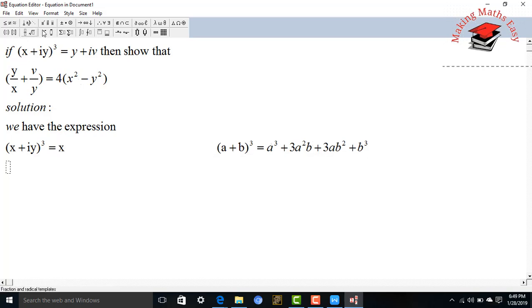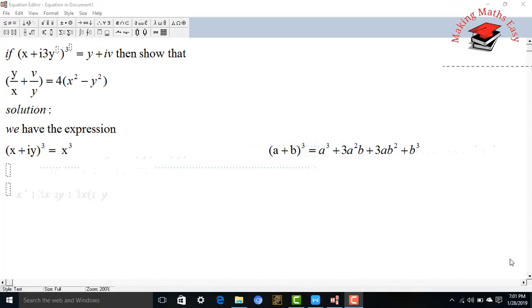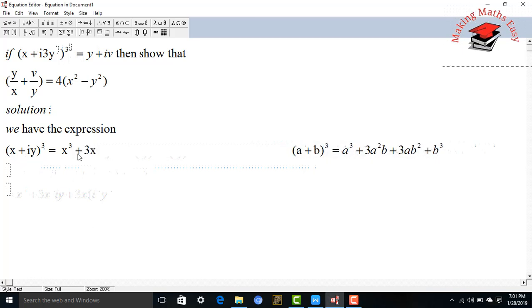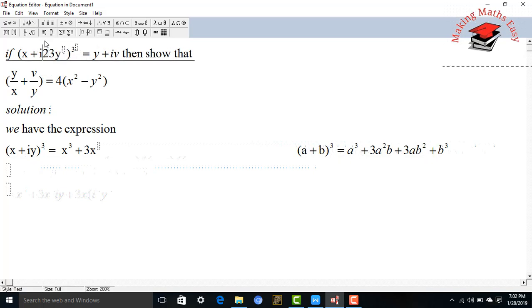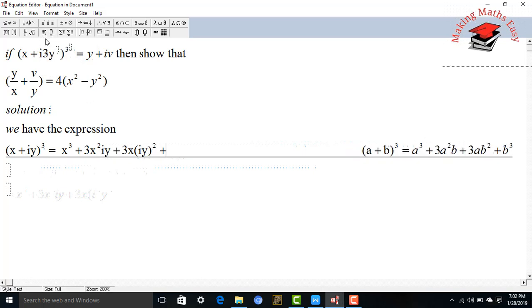So first will be x³ plus 3x²(iy) plus 3x(iy)² plus (iy)³.